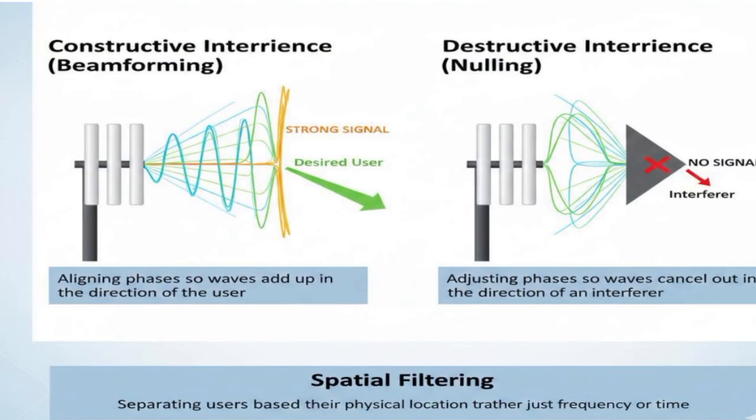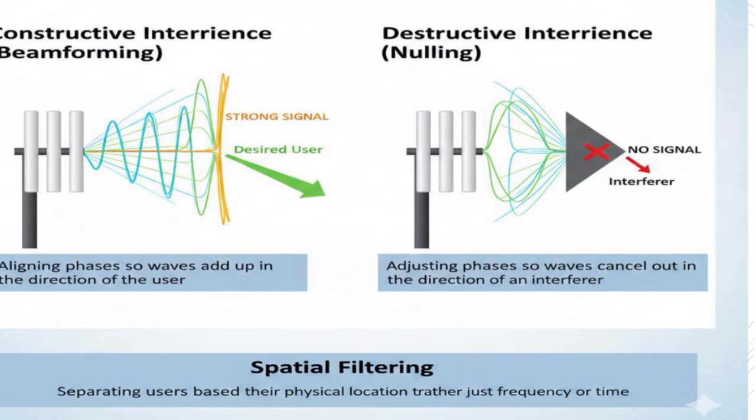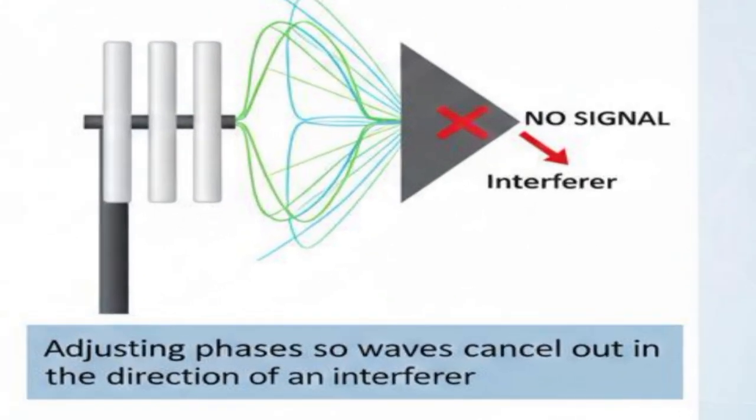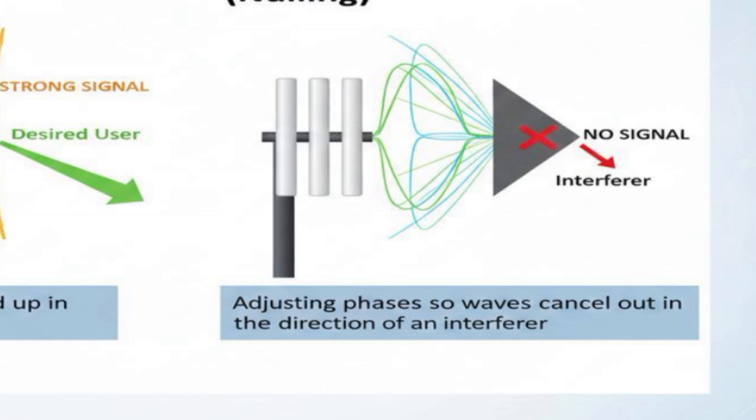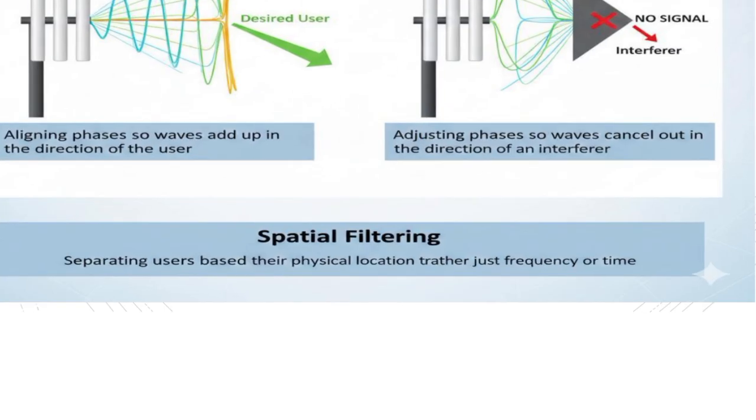This is constructive interference. The second thing is destructive interference. Here, nullifying means you are adjusting the phase so that you cancel out the direction of the interference. Now see here, they are receiving no signal.